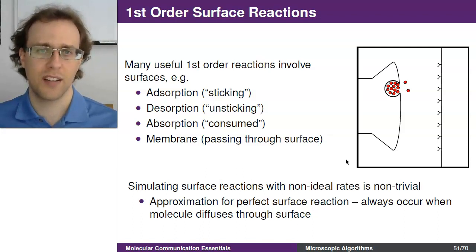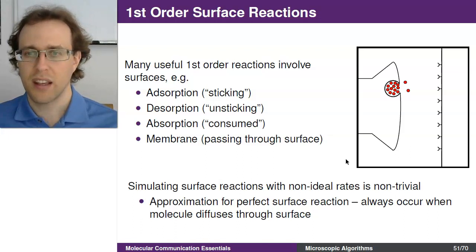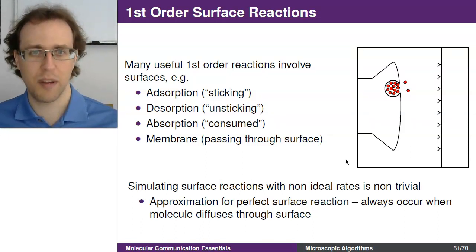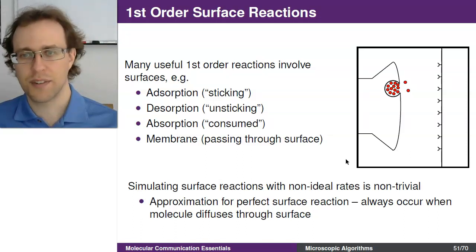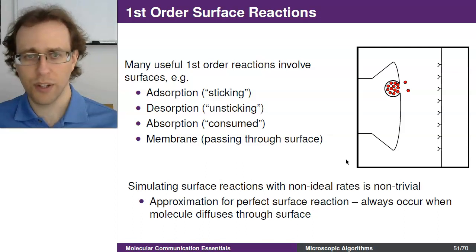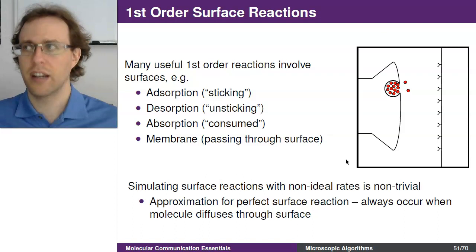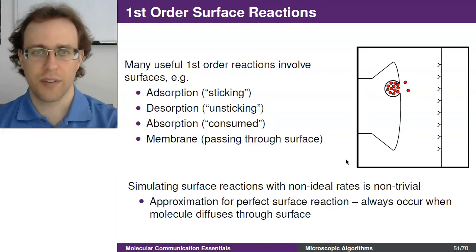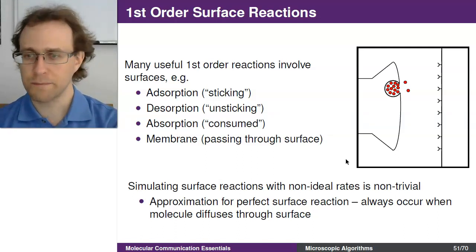So let's say you've stuck; if the reaction is reversible, you can later unstick. There's absorption, where your molecule is consumed, so it disappears into the surface and is no longer available to react. You can also have membrane surfaces. You could use this if you're tracking molecule behavior and trajectory on either side of the surface and it's possible for a molecule to pass through; that would be a membrane reaction.